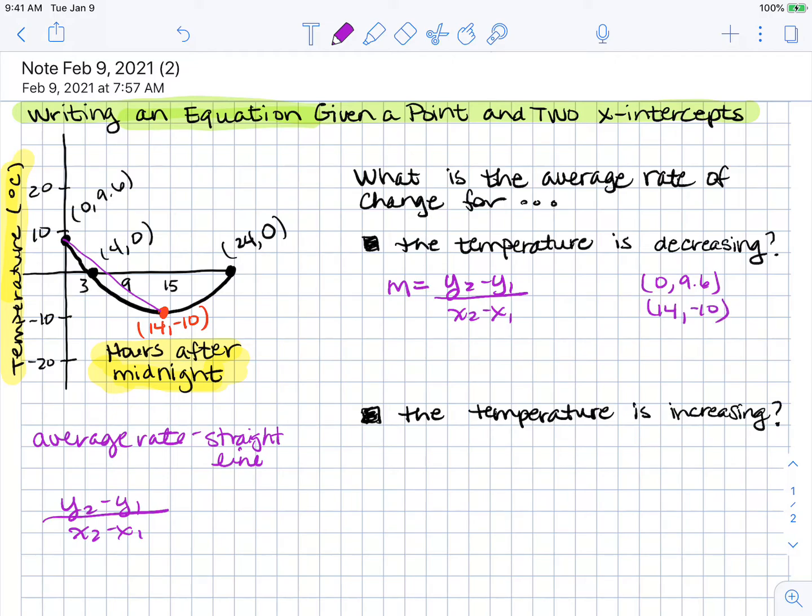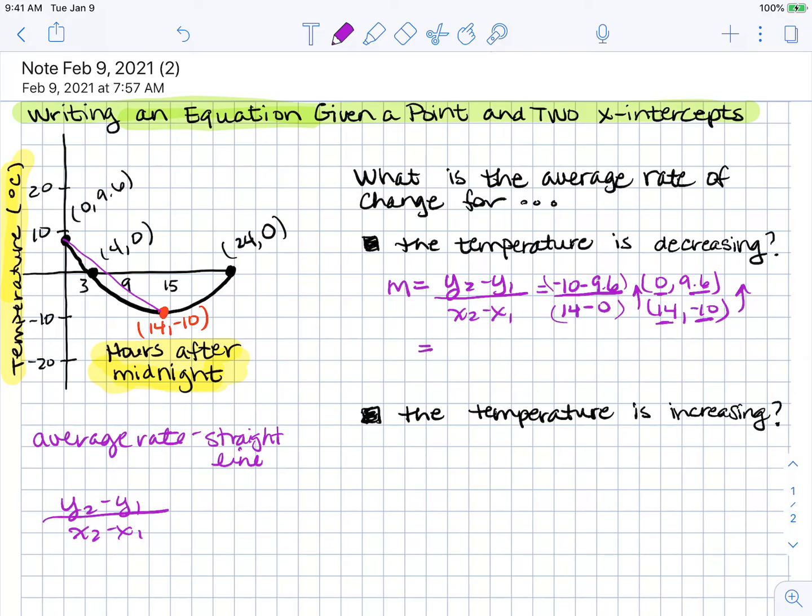Okay, so now that I have those 2 points, I can write that this is going to be negative 10 minus 9.6, and then 14 minus 0. So I'm going this direction. It's negative 10 minus 9.6, and then 14 minus 0. So I'm doing my y2 minus y1, x2 minus x1, and I can do the math on these.